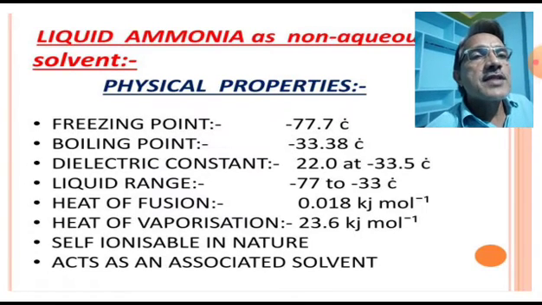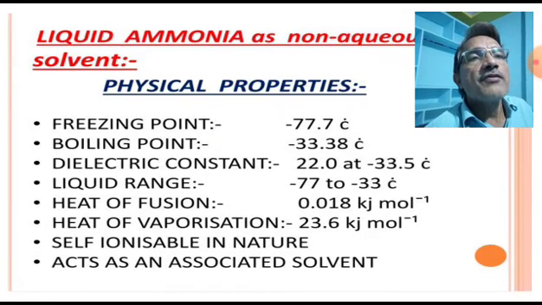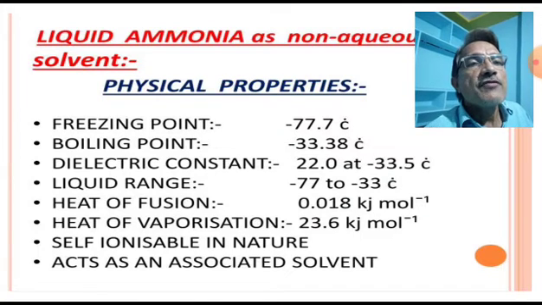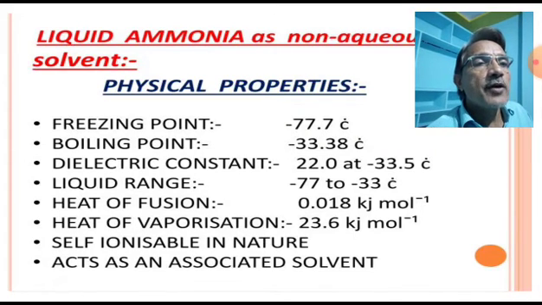If we observe the physical constants of liquid ammonia, which is a non-aqueous solvent: freezing point -77.7 degrees centigrade, boiling point -33.38 degrees centigrade, dielectric constant is 22.08 at -33.5 degrees centigrade, liquid range -77 to -33 degrees centigrade, heat of fusion is 0.018 kilojoule per mole, heat of vaporization is 23.6 kilojoule per mole.